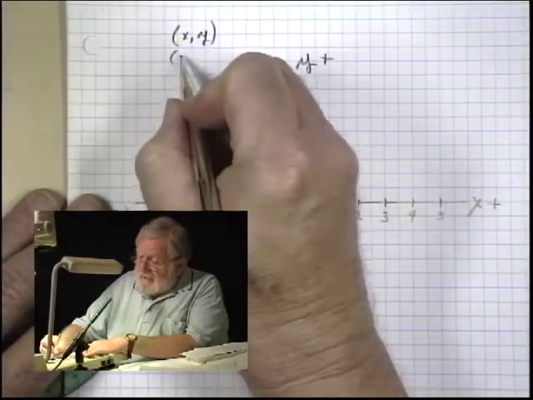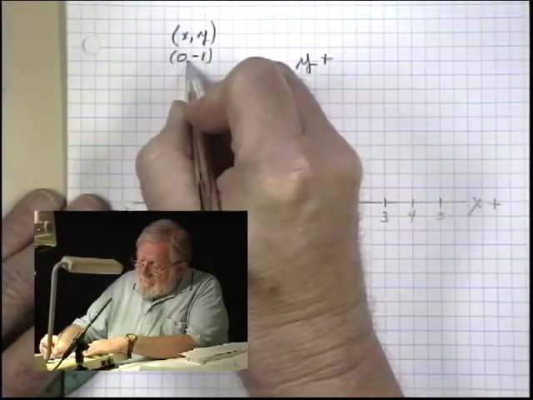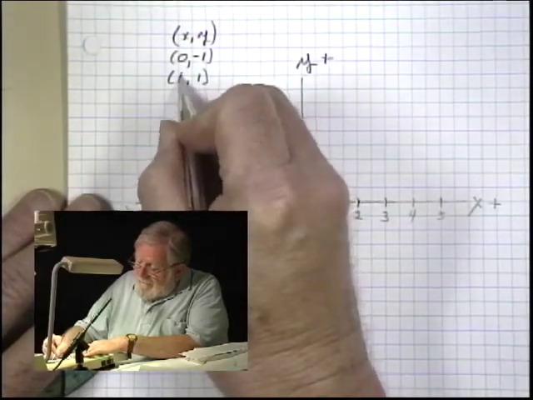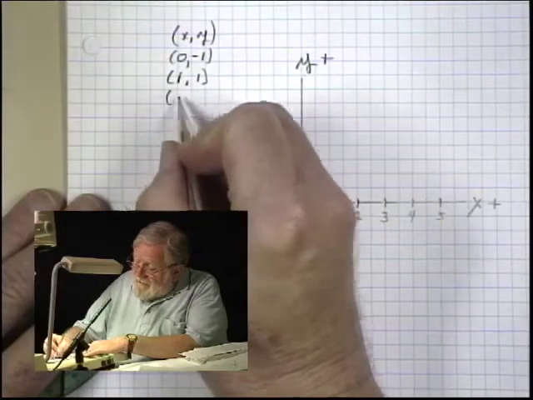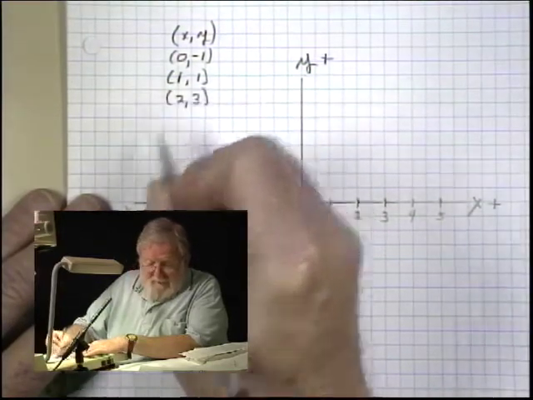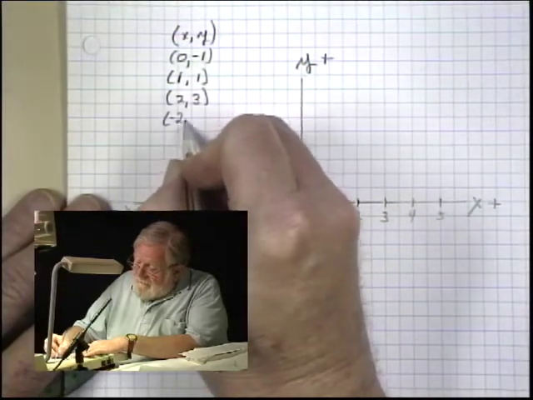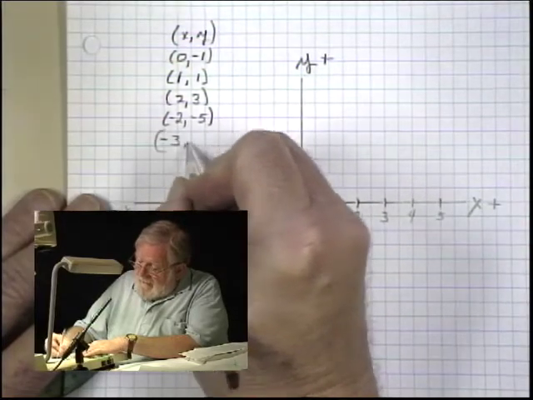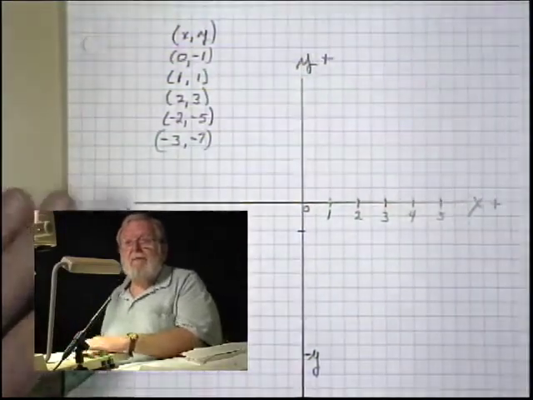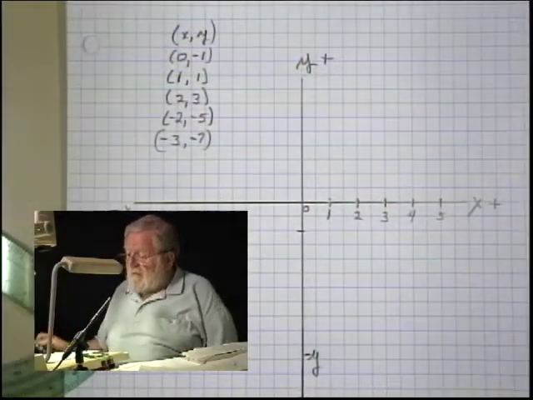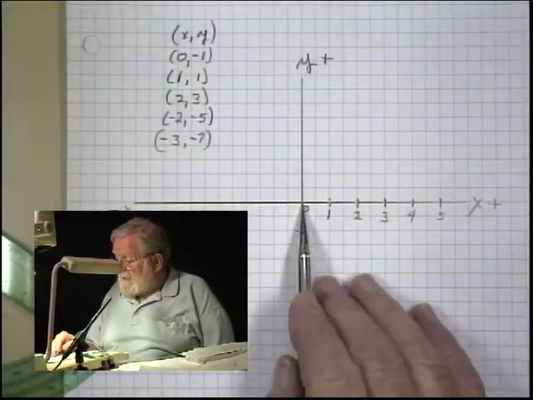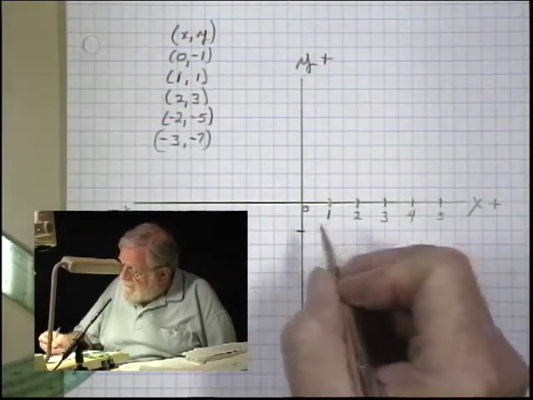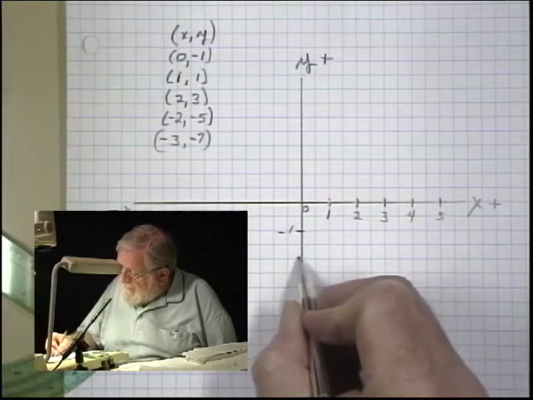So we're going to have 0 and a minus 1. And we're going to have 1 and 1. We're going to have 2 and 3. Minus 2 and a minus 5. And a minus 3 and a minus 7. And we'll plot those ordered pairs. So we'll find 0 on the x-axis, that's right here, and on the y, a -1. Let me finish writing my grid in here.